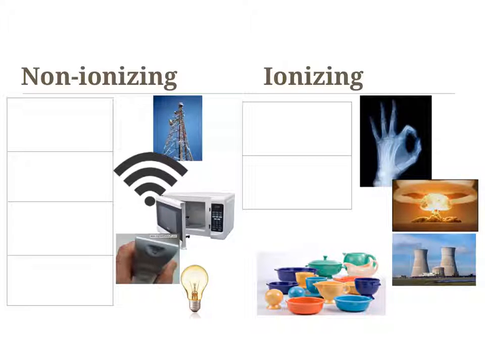So the first of all is that in non-ionizing radiation, there are a couple of different types. There are radio waves, which generally come from something that we call radio towers.